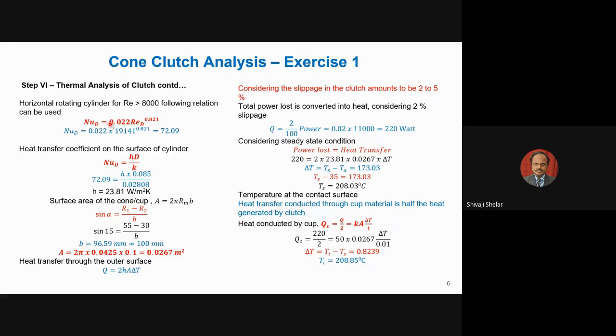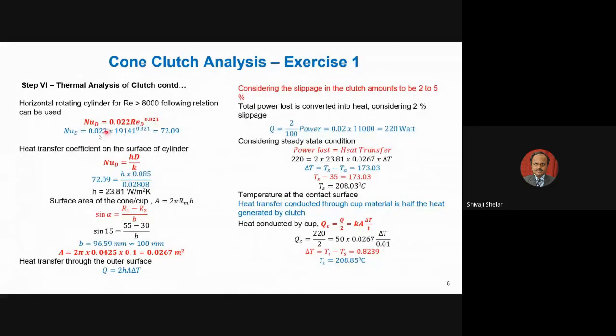So you can use this formula, you can remember it, or you can refer to the formula from the heat transfer data book. Different formulas are available, but you have to see what your calculated Reynolds number is, and based on the Reynolds number, you can use that formula. Now, since our Reynolds number is greater than 8,000, we can use this formula with this coefficient and exponent.